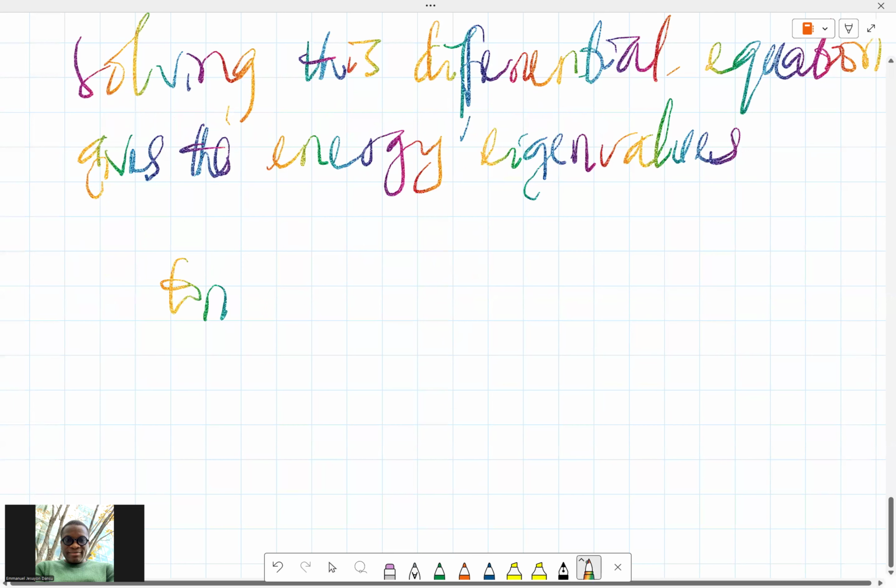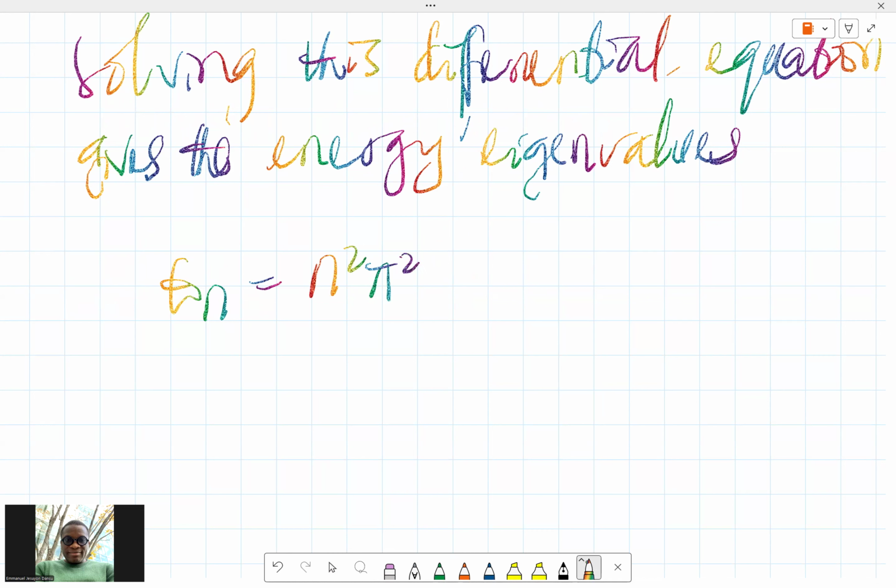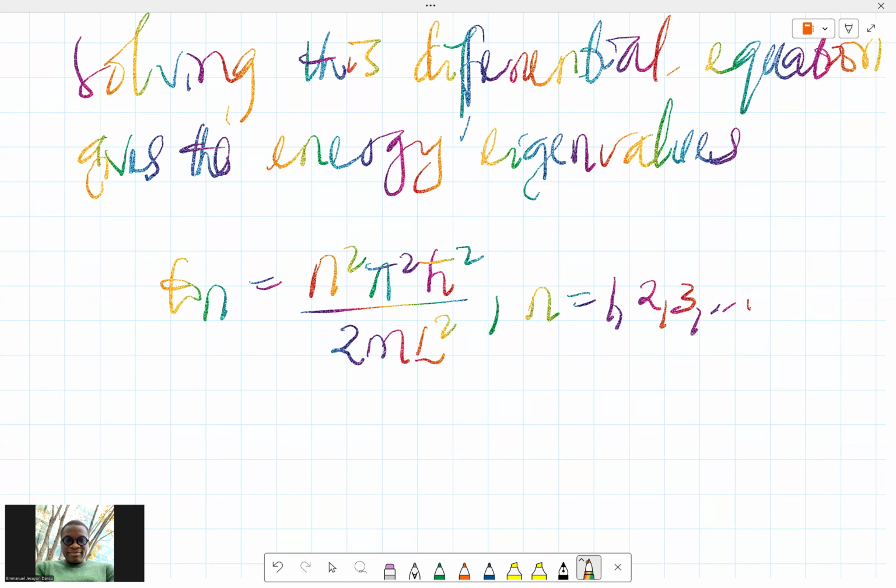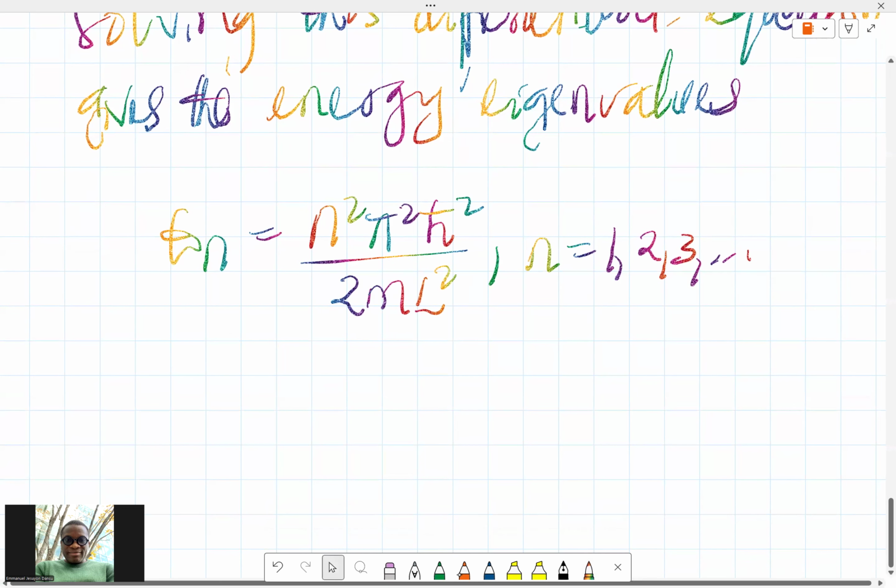We have E n equals n squared pi squared h bar squared divided by 2m L squared, where the n's are 1, 2, 3, and so forth.